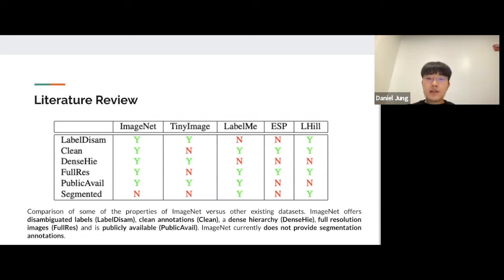The second is clean annotation. Third is dense hierarchy, fourth is full resolution, fifth is publicly available, and sixth is providing segmentation. ImageNet, except for providing segmentation, does well on every aspect of what is needed for an image dataset, while the others lag behind in some of those features.